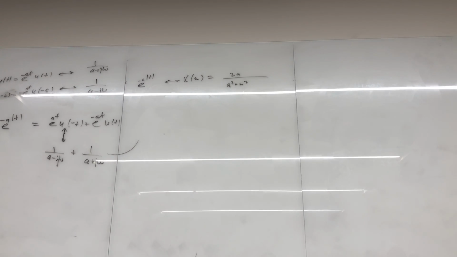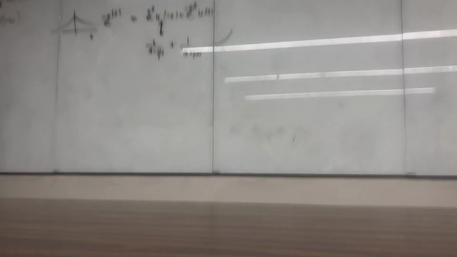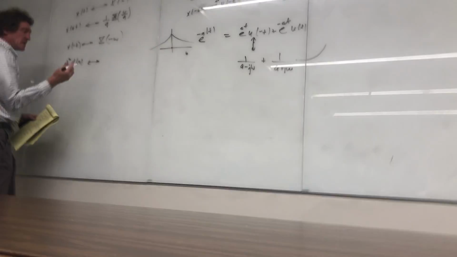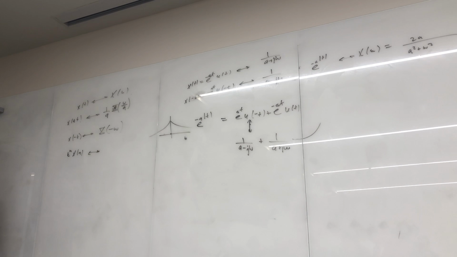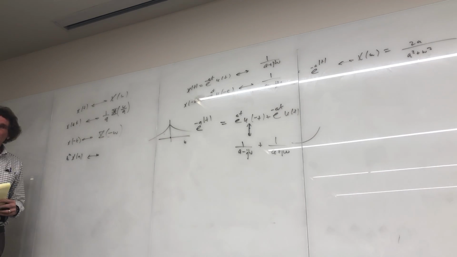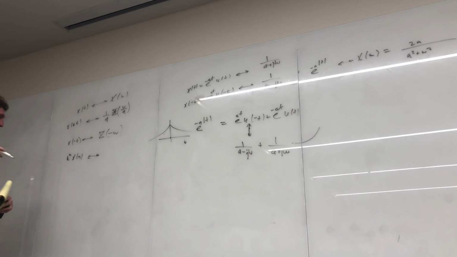Then I did this too, if I had t to the n times x of t. When we did it with Laplace, there was a (-1) to the nth power, and it was the nth derivative with respect to s of X of s.